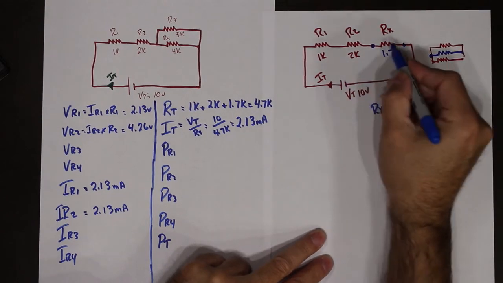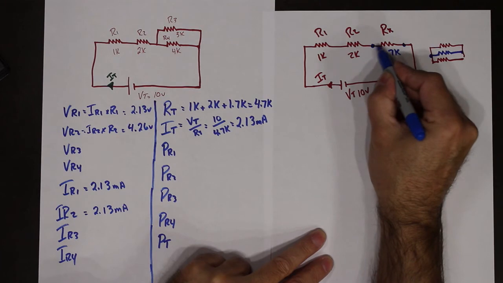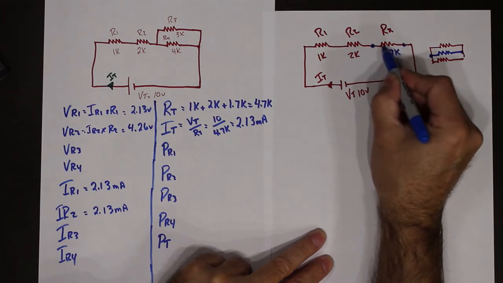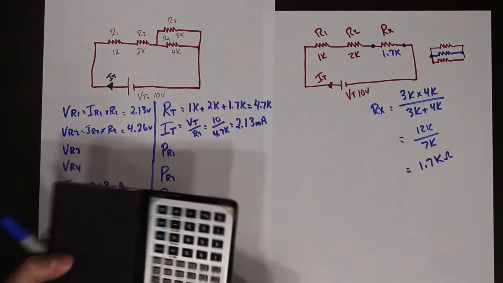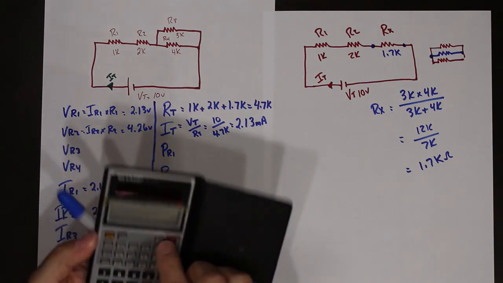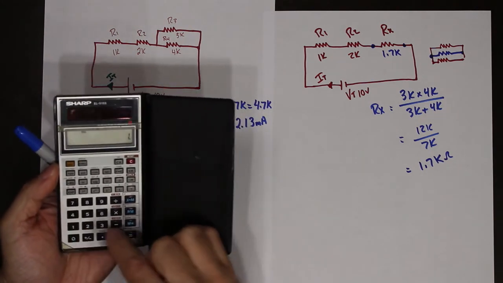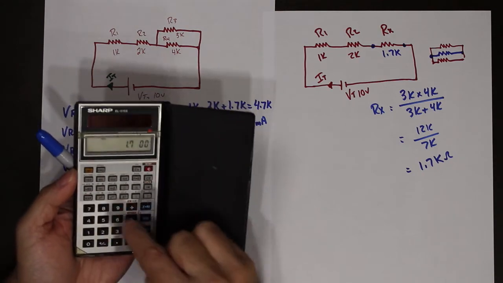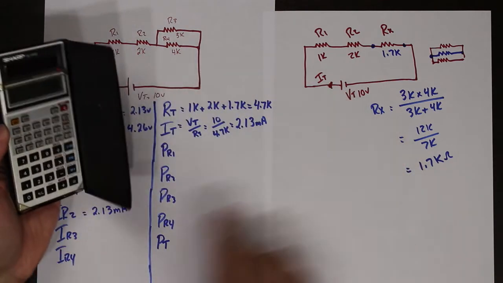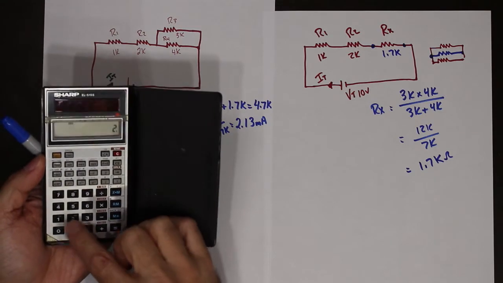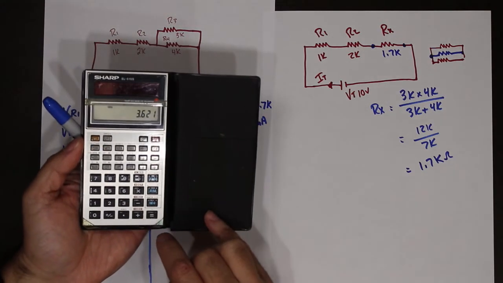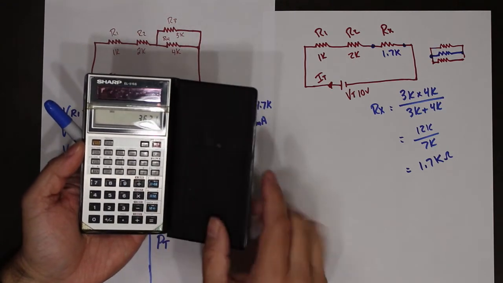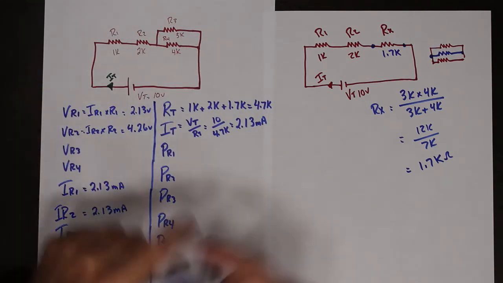We know that I total flows through this equivalent resistor. So we can say that the voltage across Rx is 1.7K times our I total, which is 2.13 milliamps, giving 3.621 volts.